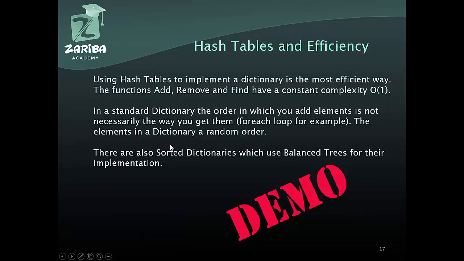Yeah, this is a good note. In a standard dictionary, the order in which you add the elements is clearly not going to be the same as the order in the array, right? Because they're given different slots.